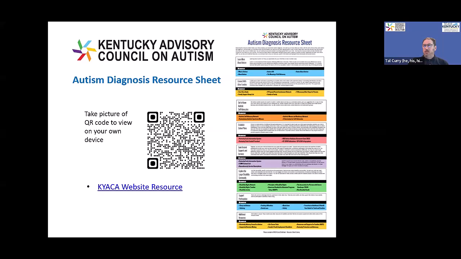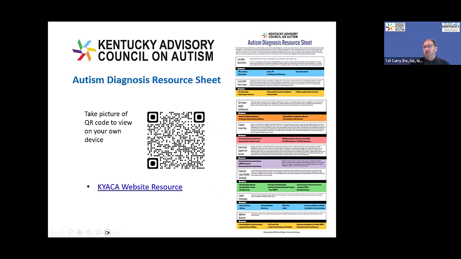So you will see this one says Autism Diagnostic Resource Sheet, and that is the resource that I will be sharing with you. And you'll get a copy of it at the end of this presentation. If you printed it out, it would be 3 pages. That's why I have these 3 pages to the right put together. It has 8 categories, but also has the QR code if you want to look this up.